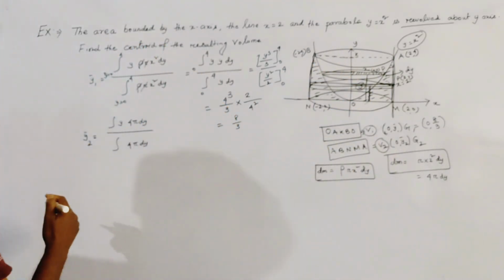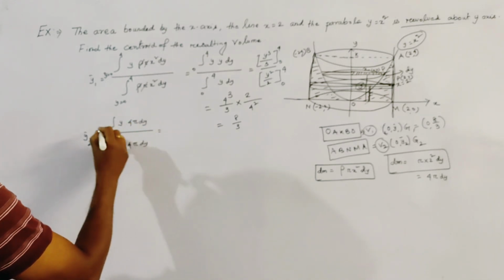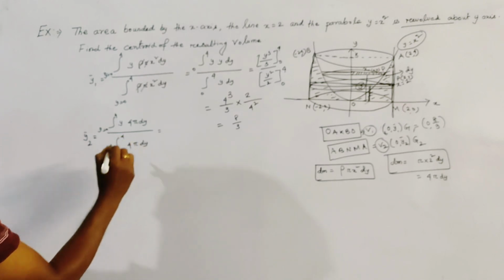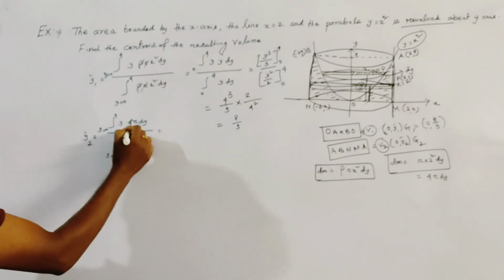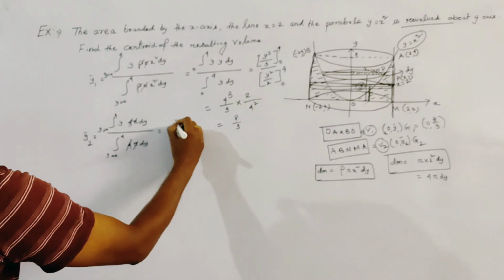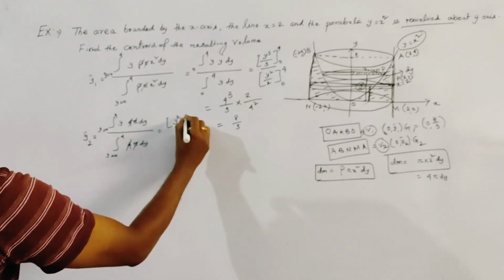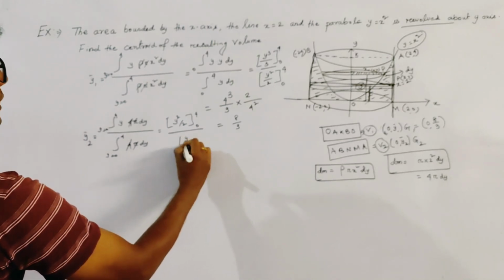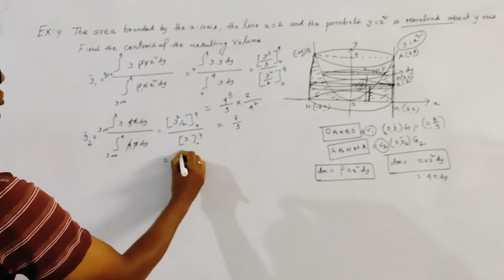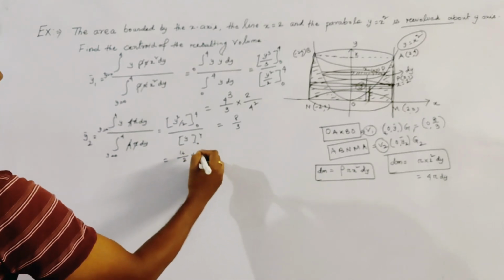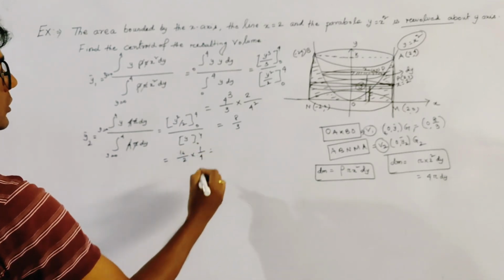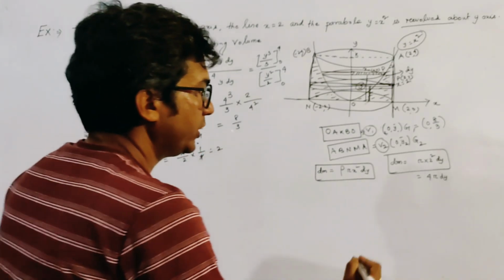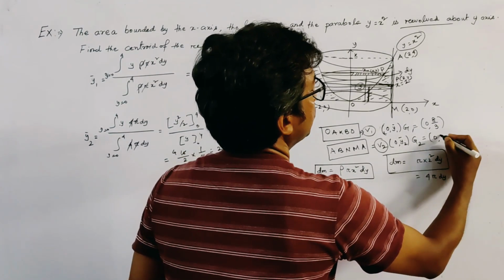Okay, now this gives y equal to 0 to 4, and this is also y equal to 0 to 4. We cancel out 4 pi, and we get y square by 2, 0 to 4, and this is y, 0 to 4. So this is 16 by 2 into 1 by 4. So this is 2. Okay, so the coordinate of this is 0, 2.